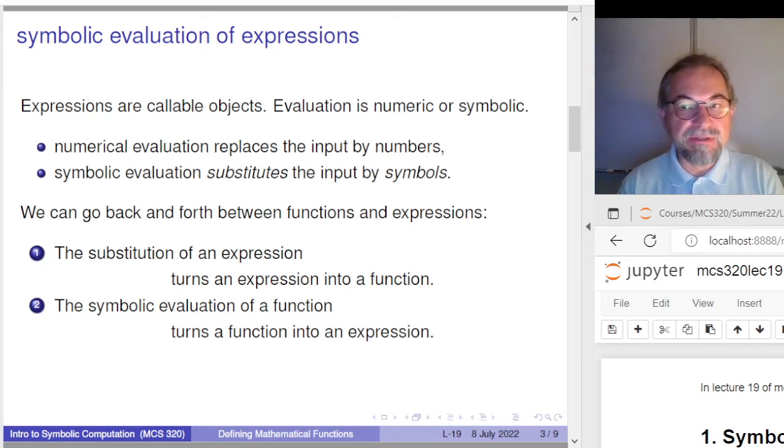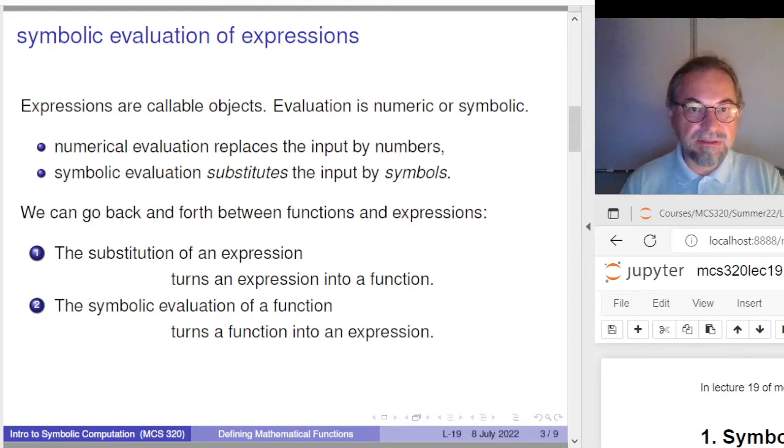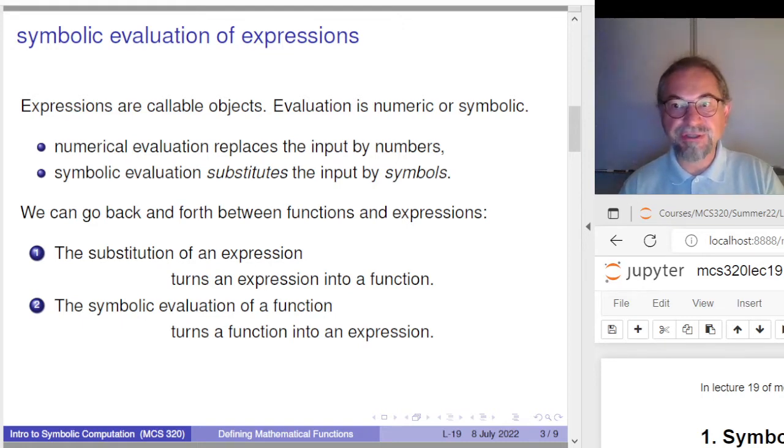evaluation. But in symbolic computing, we can do much more. We can substitute the names of the input parameters by symbols. And then the result is again another expression or another symbol if it simplifies. That explains why functions and expressions are extremely similar.